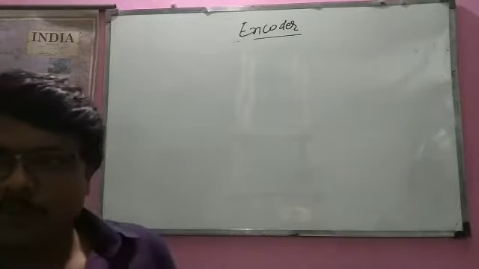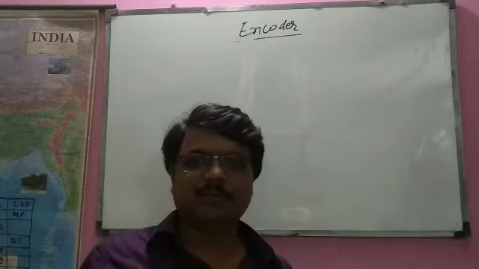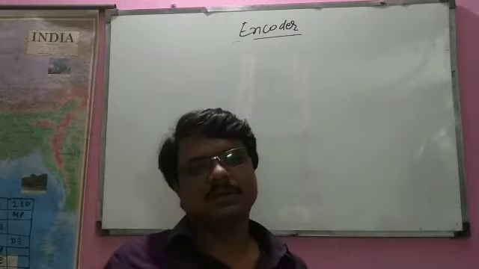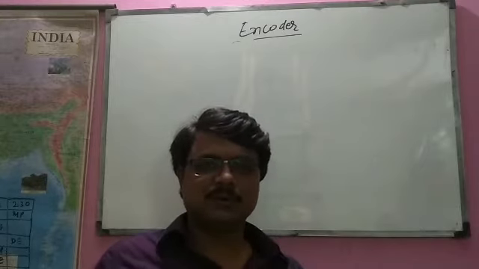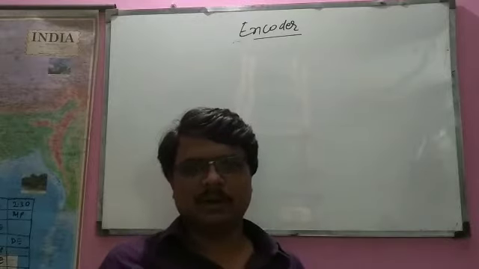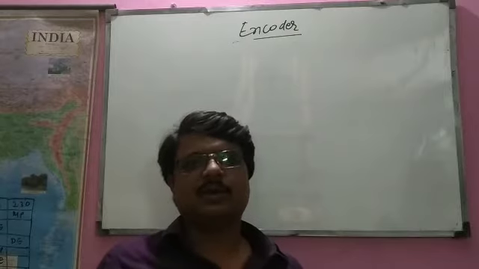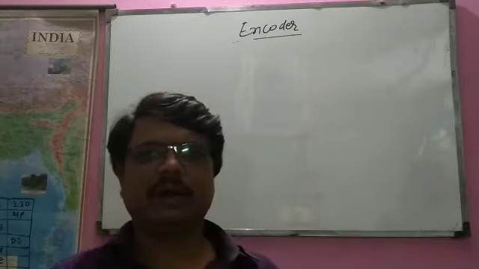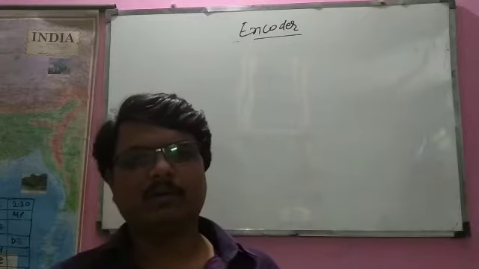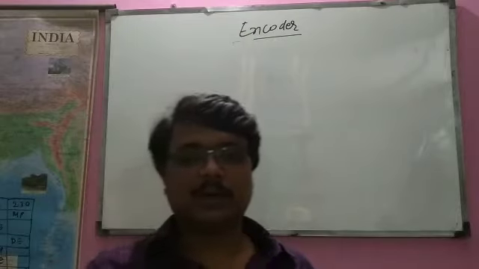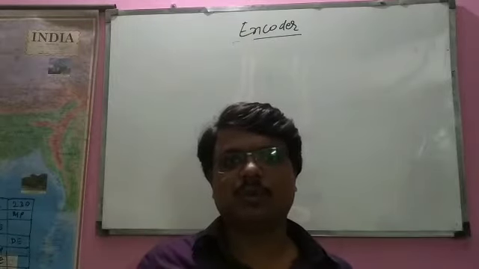So the keyboard of your computer system or your laptop is an encoder, because it converts the pressing of a key into a binary number. Any other format of input will be converted into its binary equivalent. It is known as an encoder.